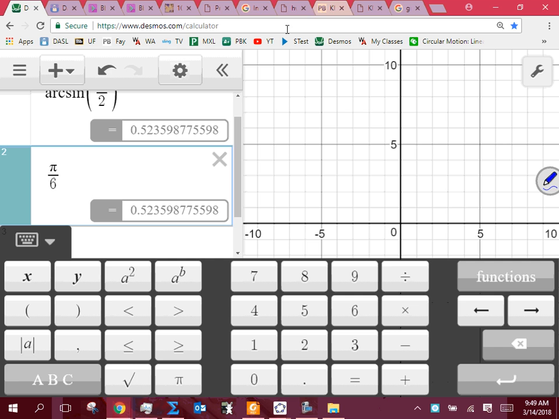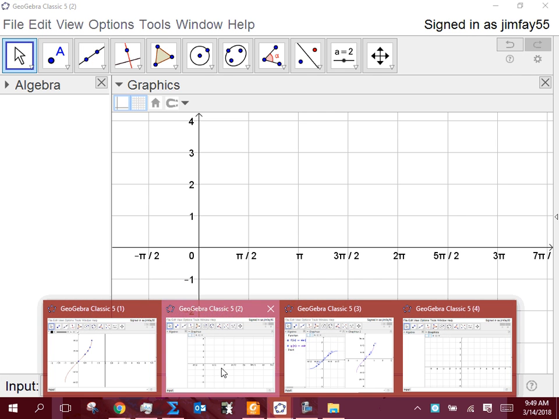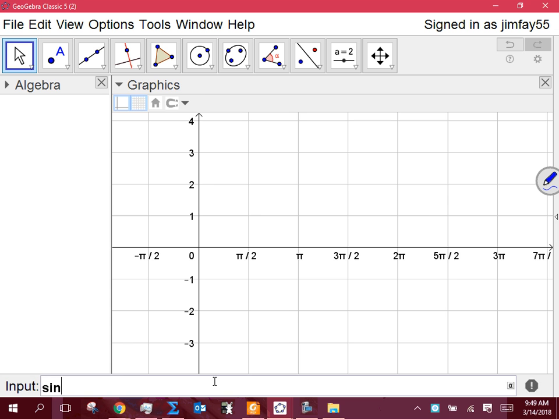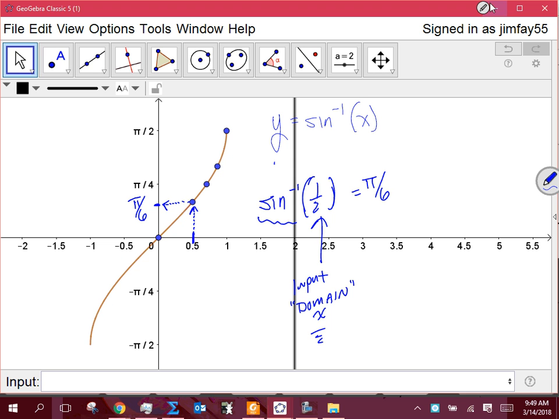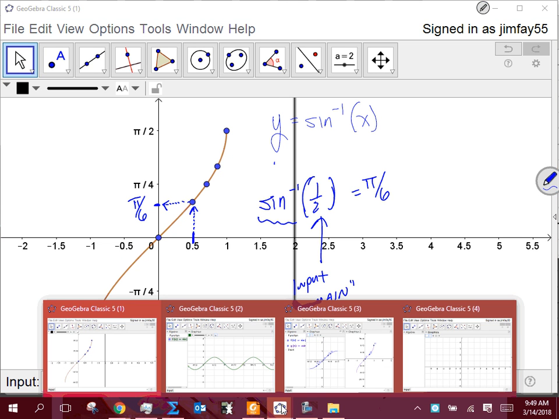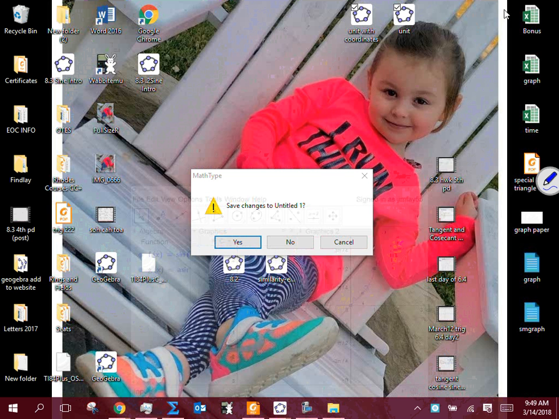So what is the logic that we're doing here? If I look at just the sine curve, I'm asking: if I give you the y value off this sine curve, could you tell me the x value that should be paired with it? It's the same logic on the unit circle.